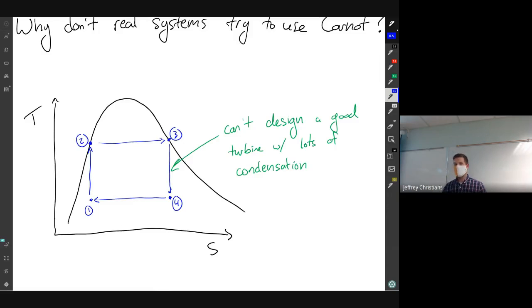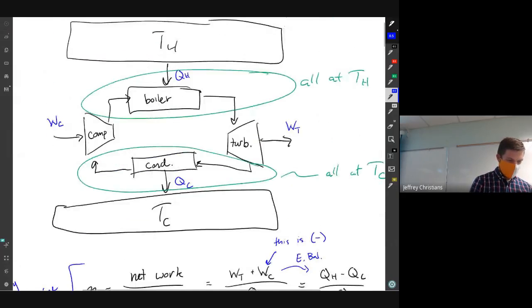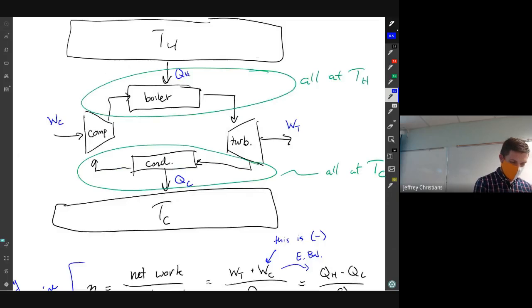There are some problems with doing that ideally, as you guys pointed out, if we're trying to take heat out and condense our system, running along the bottom there, but that kind of works. We can at least approach it. We can try to do that.